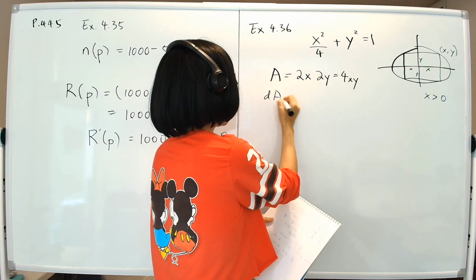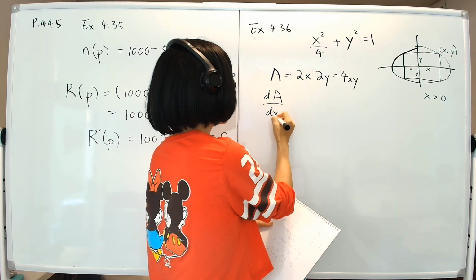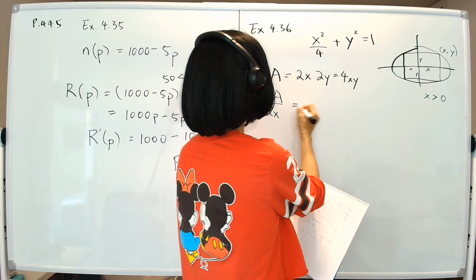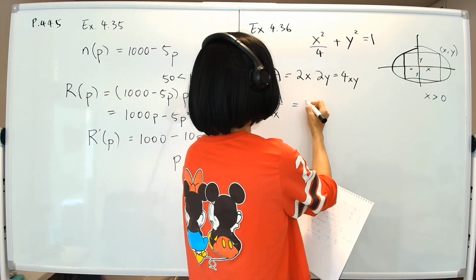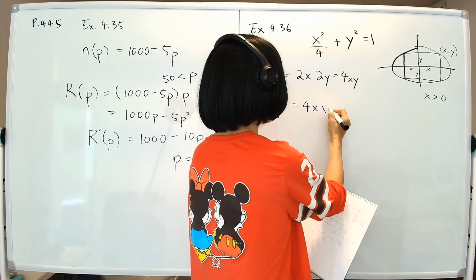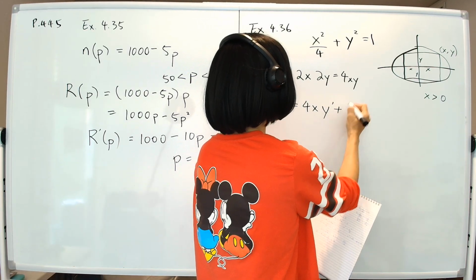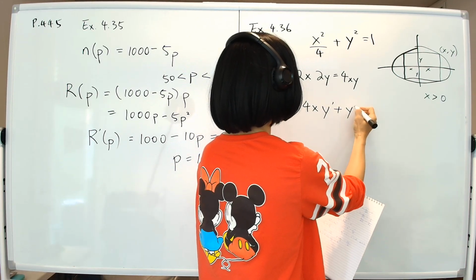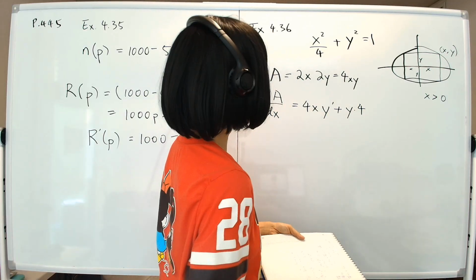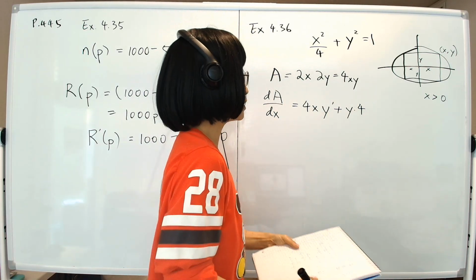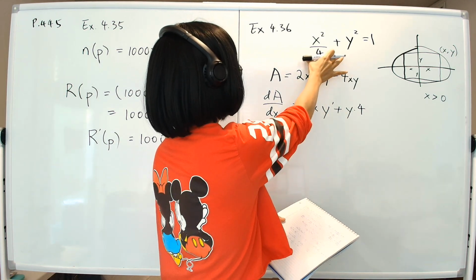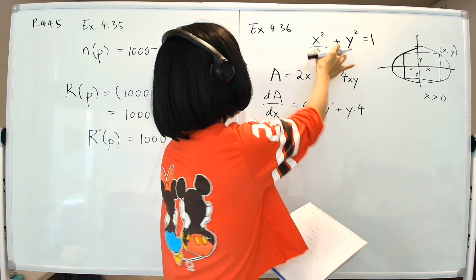So dA/dx, using implicit differentiation, is 4x times y prime, plus y times 4. So far, so good. But we also need to figure out what y prime is, so we'll take the implicit differentiation of the ellipse equation.